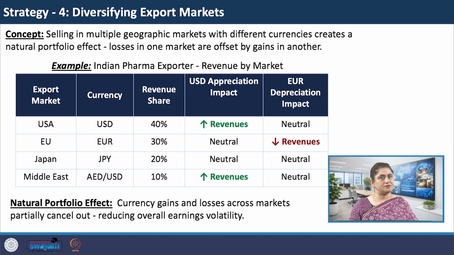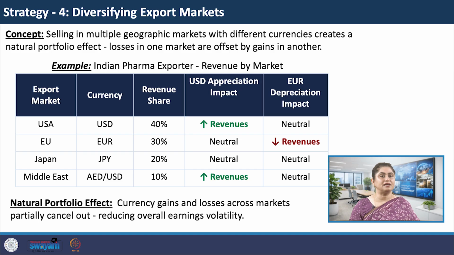This is not a perfect hedge. Currency correlations mean that sometimes all currencies move in the same direction against the rupee simultaneously, particularly during global risk off episodes. But over time and across cycles, geographic revenue diversification reduces earnings volatility from exchange rate movements.